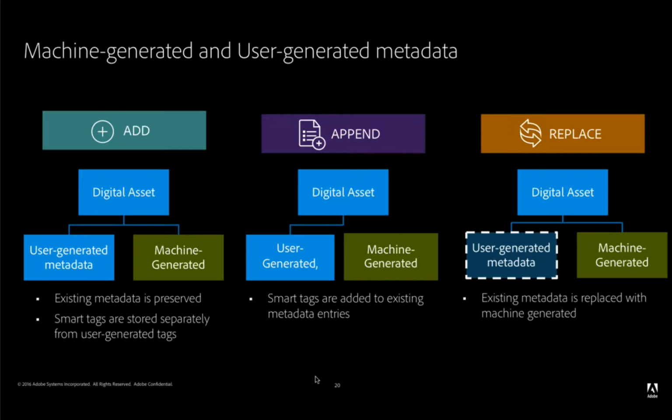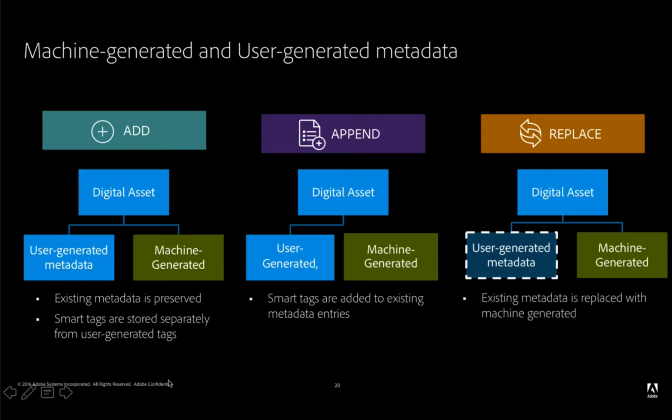And what we're doing is looking at the first scenario. We just add it in a different place, so there's no contamination. If you're worried about your user-generated metadata, it's stored in a totally different place. But we're enabling search on that, just as you would on the user-generated data.